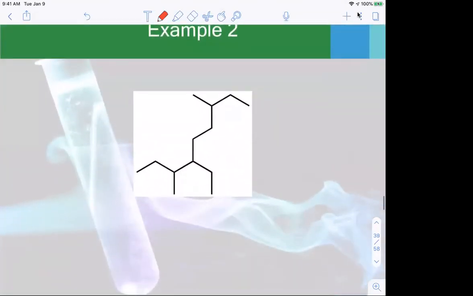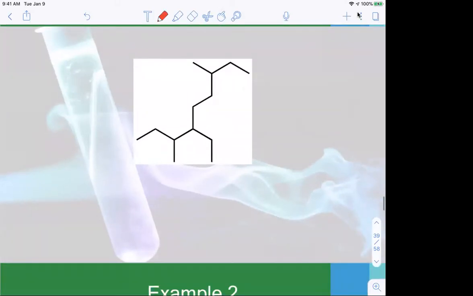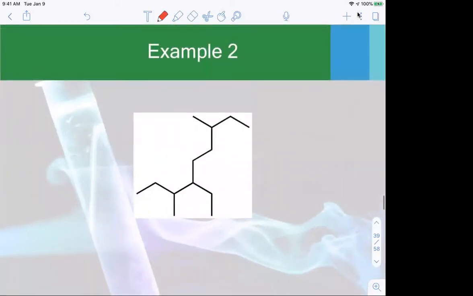Here's another example. This one, right? Figure out the longest continuous carbon chain, and you might have to go in a couple different directions. You might think 1, 2, 3, 4, 5, 6, 7, 8, 9.